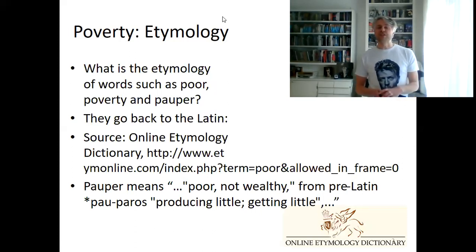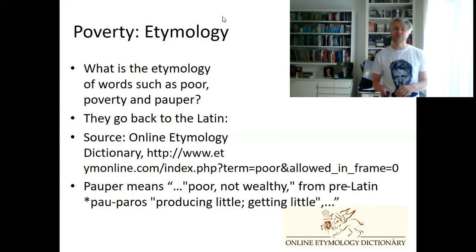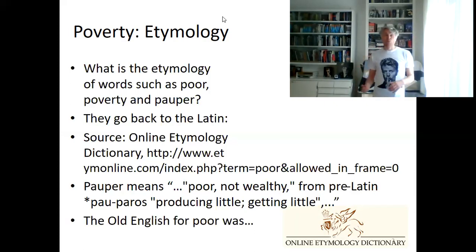Pauper, according to this dictionary, means poor, not wealthy. And it comes from pre-Latin pauperus, producing little, getting little. Isn't that interesting? We had other words for that in the English language in the past. So if you go back, say, 800 years, you would have had a different Old English word for poor. It's nice for me to ask you, any guesses what that one was?